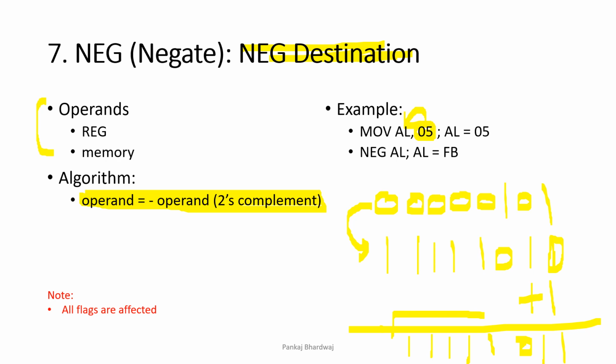So these 4 will be F, and these 4 will be B. So the contents after the negate operation, for 5, will now be FB.